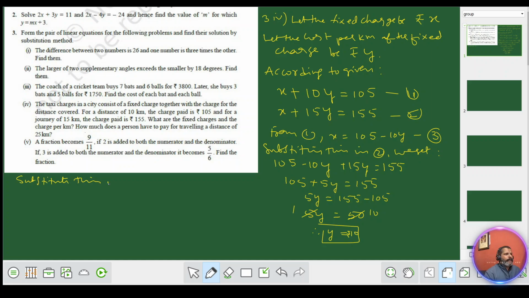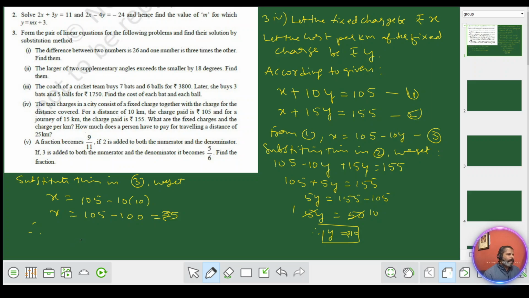Substitute this in 3, we get X is equal to 105 minus 10Y, that is 105 minus 10 of 10, that is X equal to 105 minus 100, which is 5 rupees. Put a symbol here. Therefore, we conclude it.